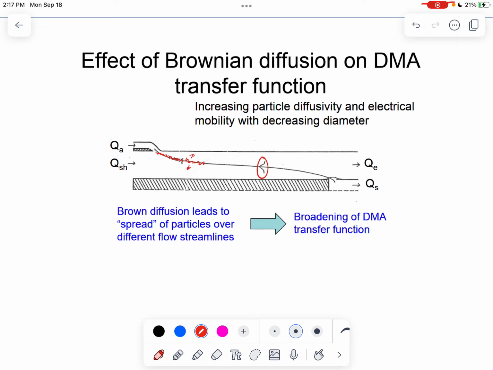So that's why you're going to have this spread of the particle trajectory, which means that even at this perfect electrical mobility, where you classify the particles, you are not going to achieve 100% collection efficiency. And we call this process the broadening of the DMA transfer function.